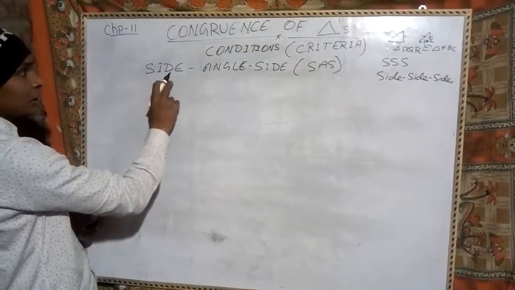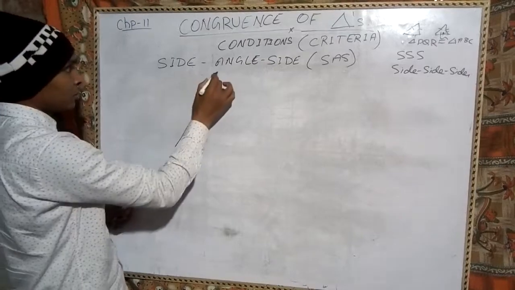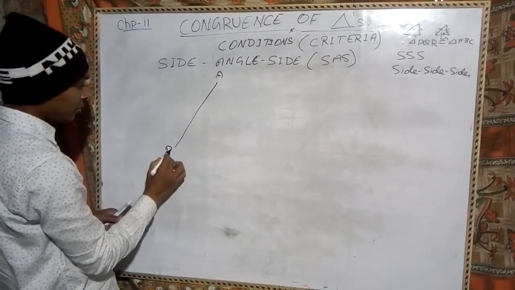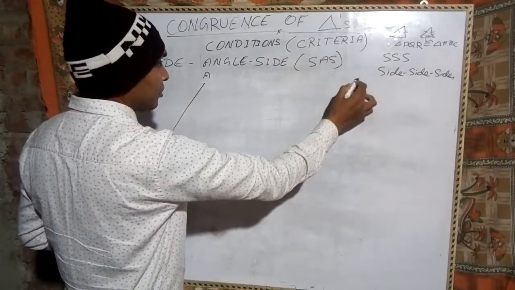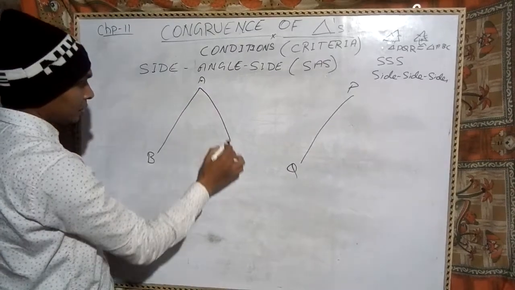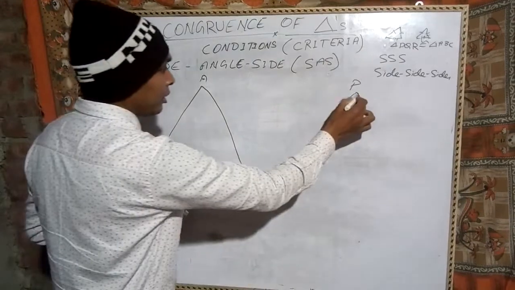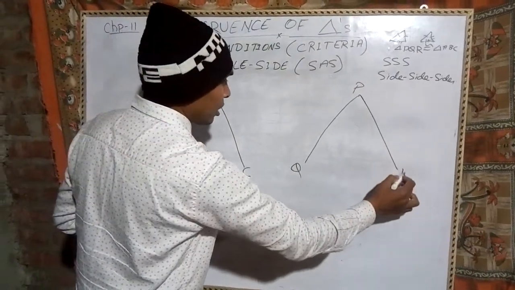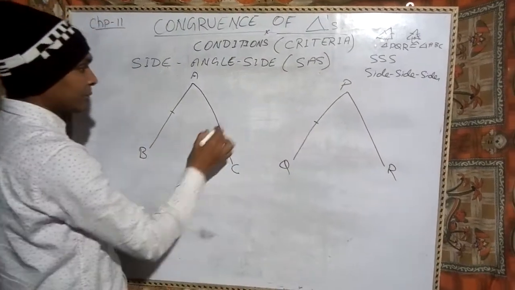Now here side, angle, side means this side, say AB, and this side, say PQ. Another side, this, say AC, and this PR. This side is equal to this side and similar also.